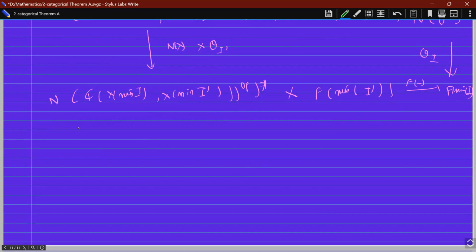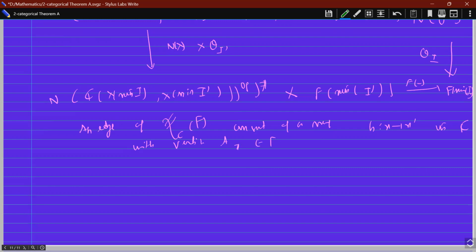So yeah, okay, let me define the marking. So an edge of the simplicial set consists of a map H, say H and C, with vertices and an edge f of H. Yeah, so this is the map H, in f of x, right?